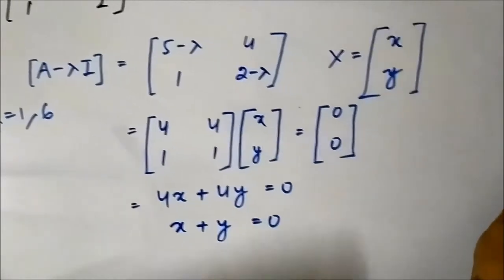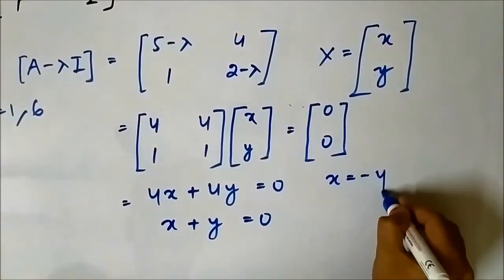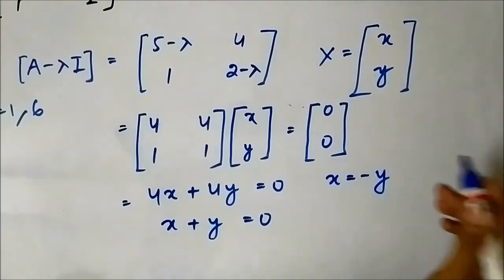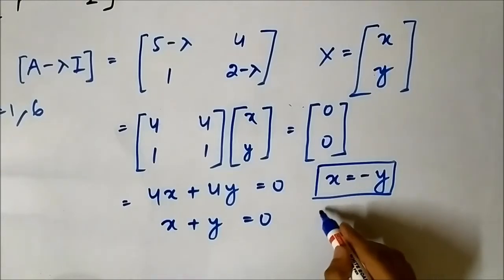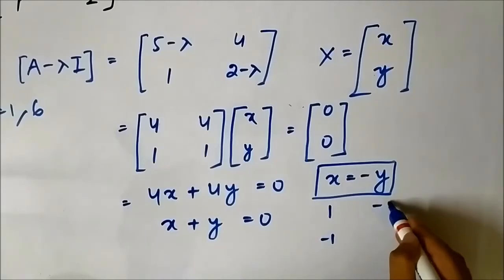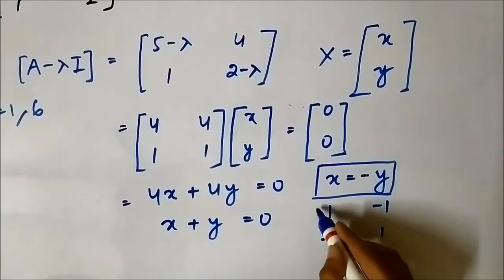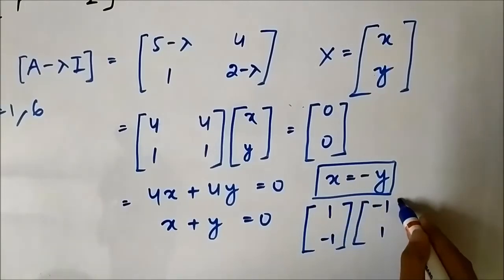So in both the cases it is x is equal to minus y. So if x is equal to 1, y will be minus 1. If x is equal to minus 1, y will be 1. So these can be the two eigenvectors.